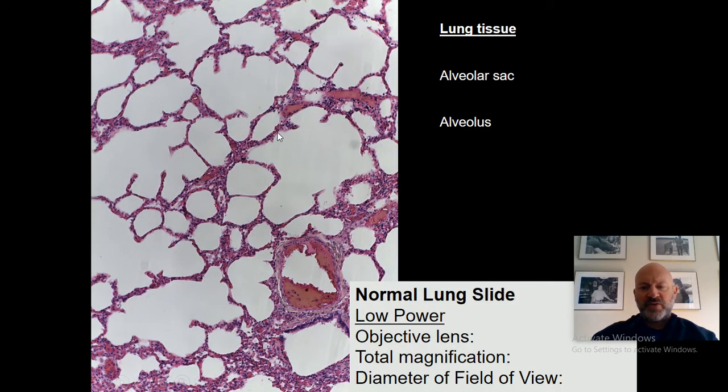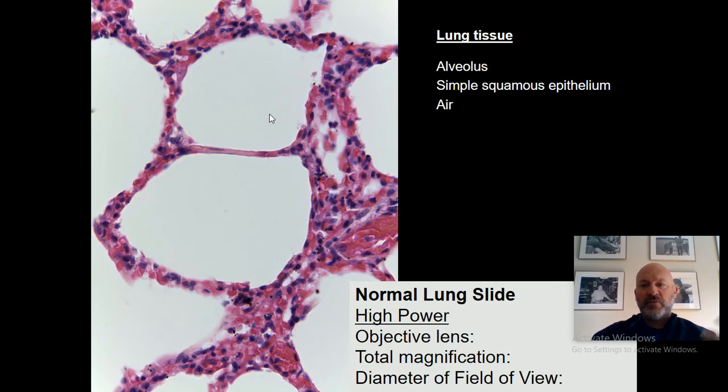All right, so this is a slide of lung tissue, and this is a low power magnification. If you want to use low power to do this, that's fine. But this is one alveolar sac. There's another alveolar sac. All right, another one. This is one individual alveolus. If we go into high power view, that's one alveolus, and there's another one.